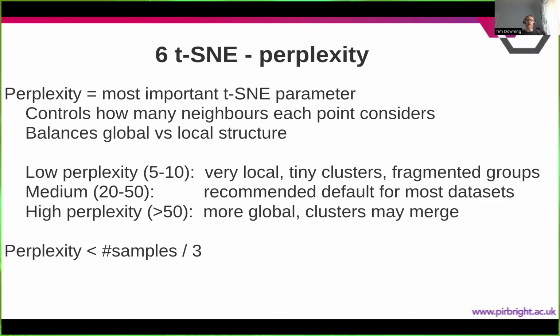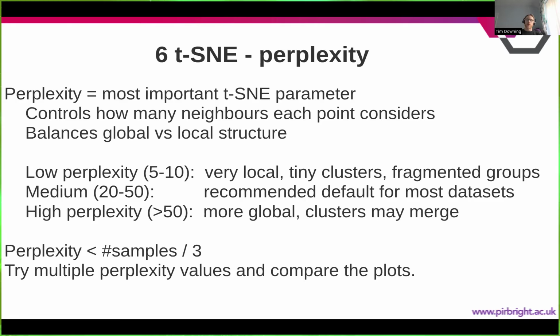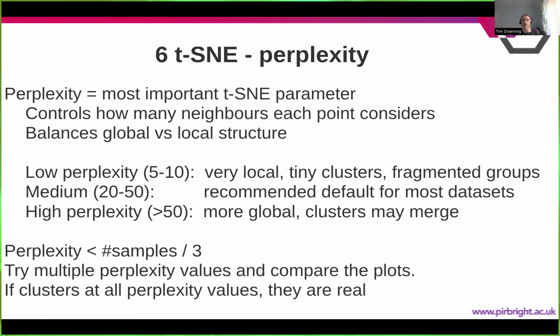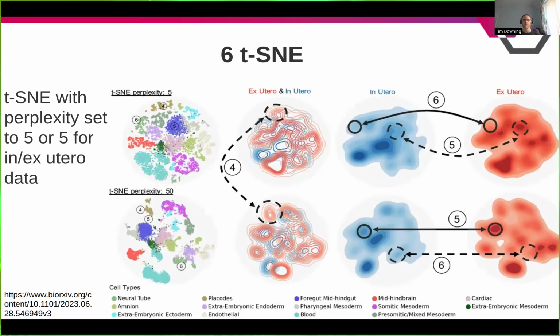Ideally, we want the perplexity to be less than the number of samples divided by 3. The easiest way of navigating this is to try multiple perplexity values and compare the plots, so that the clusters that are consistent are the ones that are present across the different plots.